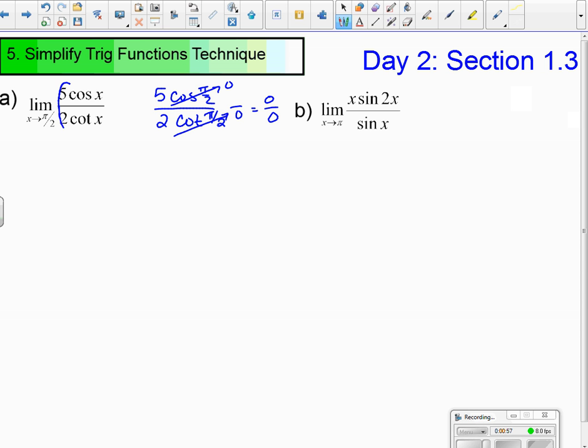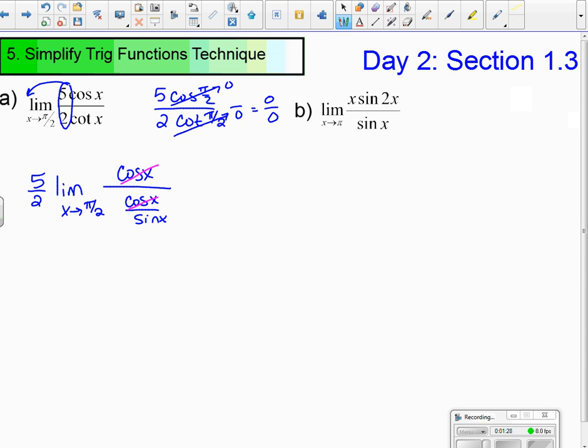Well, this 5 halves is really a multiplier, and there's a property that says you can bring the scalar out front. So let's do that. It'll just help this look a little bit simpler. And we'll have the limit as x approaches pi over 2 of cosine of x, pretty simple. Cotangent is defined as cosine x divided by sine of x. And from here you can see I could cancel my cosine, cosine over cosine.